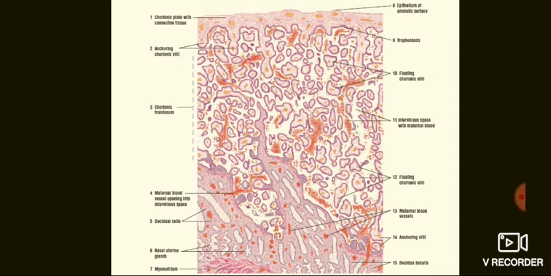And these spiral arteries open in the intervillous space, thus the maternal blood enters the intervillous space. Here the maternal blood bathes the chorionic villi in the intervillous space.